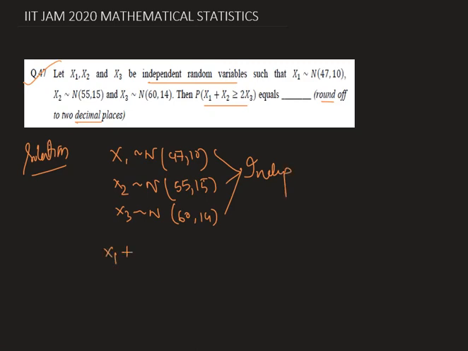Now x1 plus x2 follows normal 102 comma 25, and minus 2x3 follows normal minus 120 comma 56.